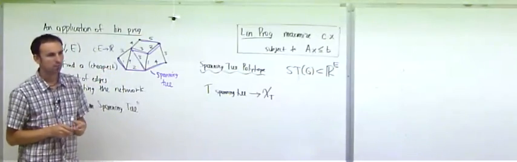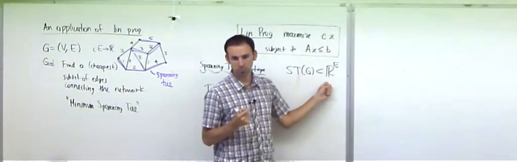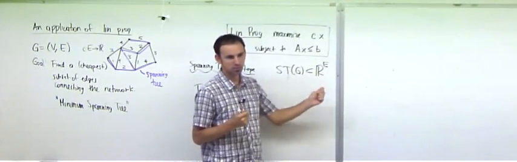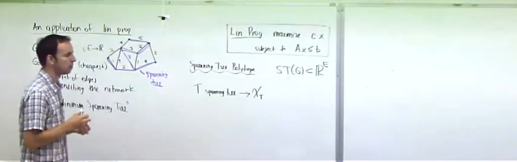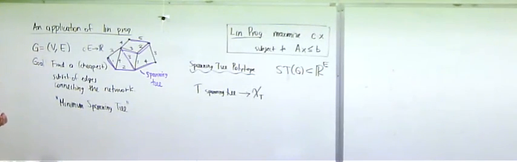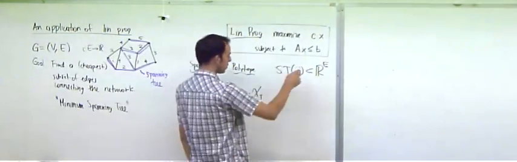And if you remember what this notation means, it means exactly what you're saying: functions from E to R. To each edge, you're assigning a real number. So this notation matches the usual notation that we have for this kind of thing. But effectively, you can think of it as R to the number of edges.